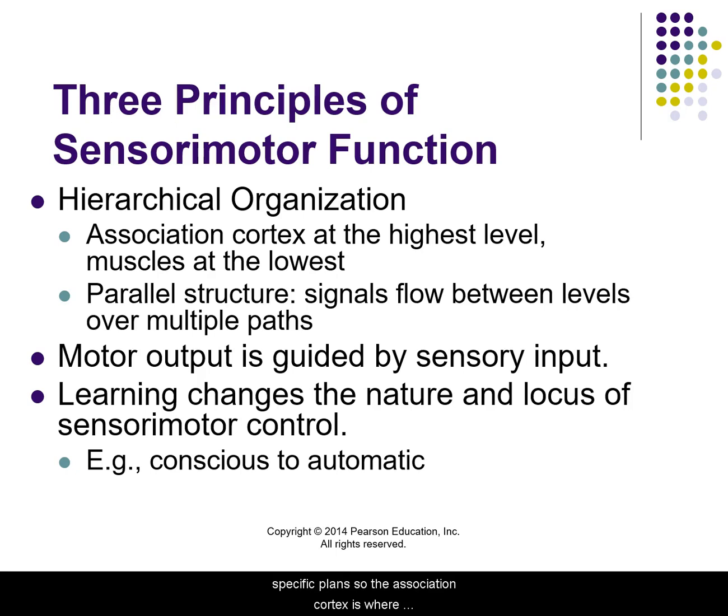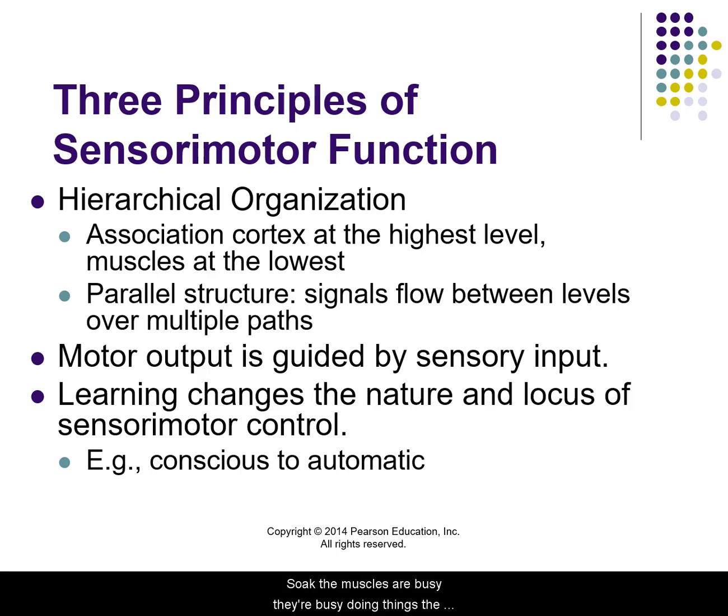So the association cortex is where the president's office is, okay, highest level. Neither the association cortex nor the company president routinely gets involved in the details. The main advantage of this hierarchical organization is that the higher levels of the hierarchy are left free to perform more complex functions.